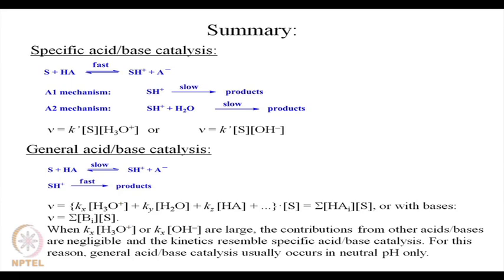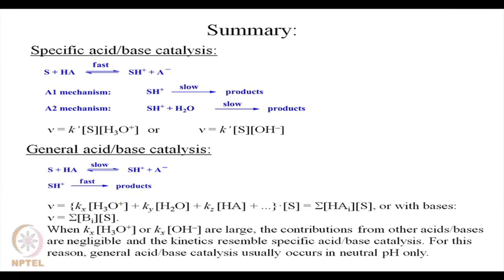We discussed the general mechanisms for it, and also talked about general acid base catalysis. We tried to distinguish between them, and under what conditions general acid base catalysis gets converted to specific acid base catalysis.